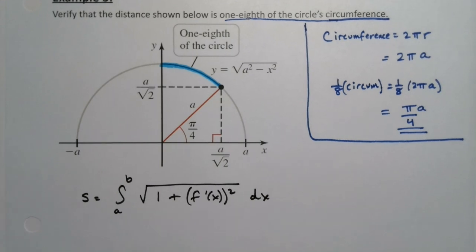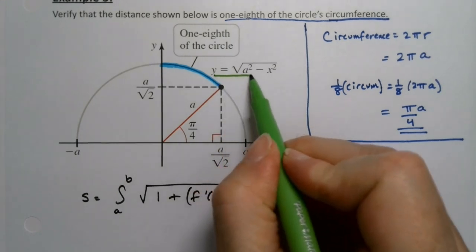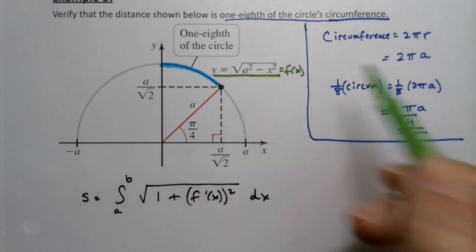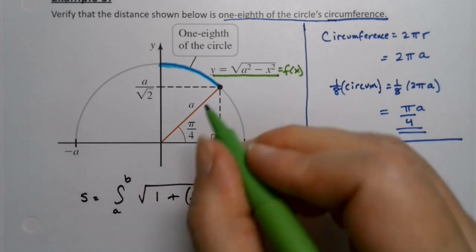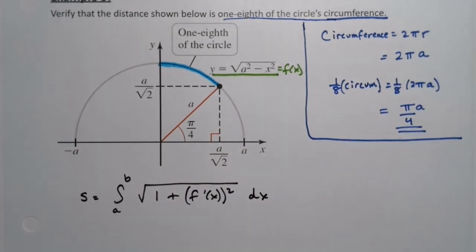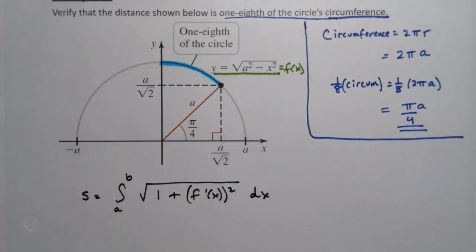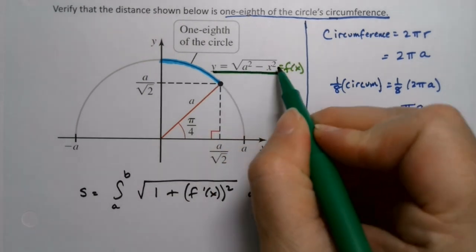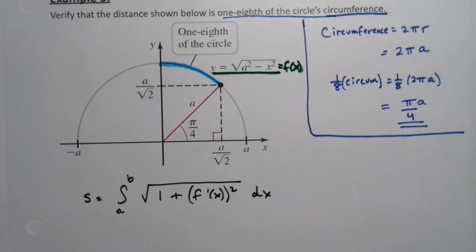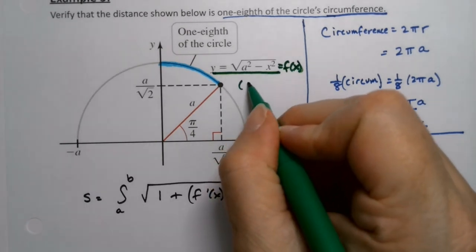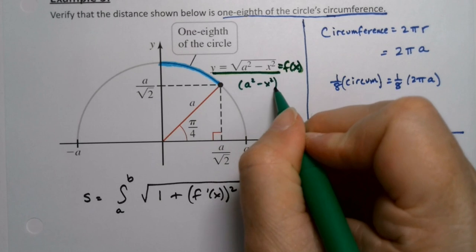It's right up here. This is f of x, which is also equal to a squared minus x squared to the 1/2.